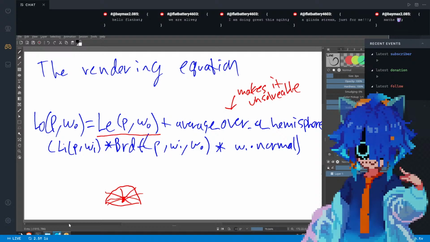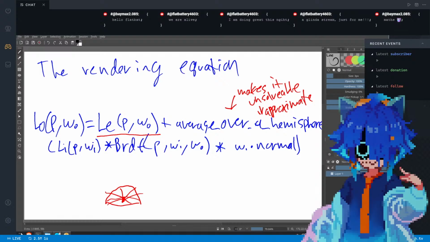Which is just a mild concern, right? It's mildly concerning that this equation is unsolvable. But that's not necessarily a deal breaker. All that means is that we need to do approximations. So this implies that we have to approximate. And we will talk in a minute about what approximation means.